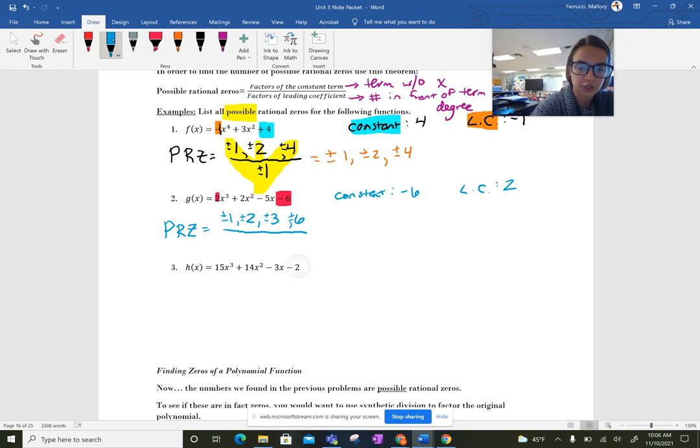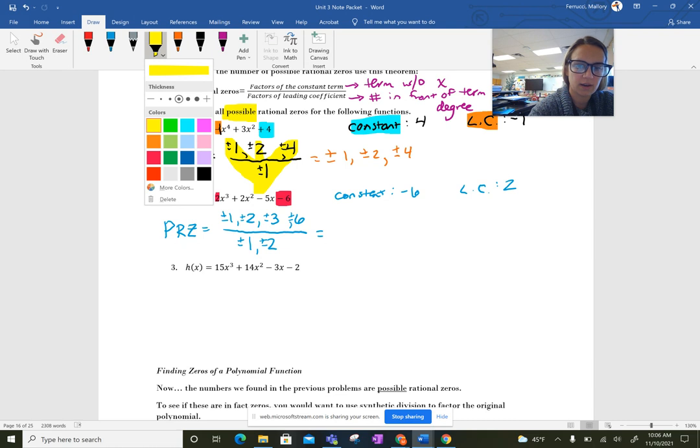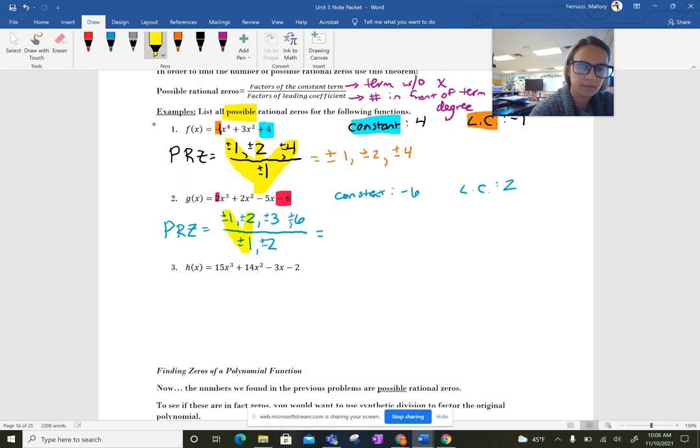So the factors of 2 are 1 and 2 with plus or minus signs. So from here, we already know that if we divided all these numbers by the 1, we just get those same numbers again. Plus or minus 1, plus or minus 2, plus or minus 3, plus or minus 6.